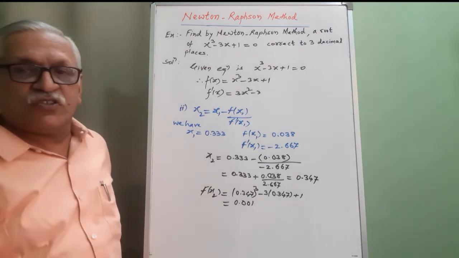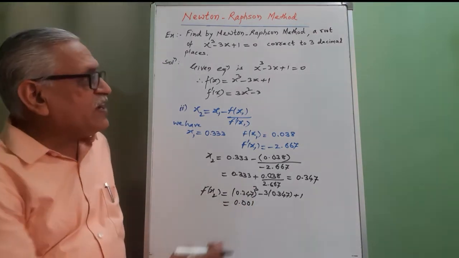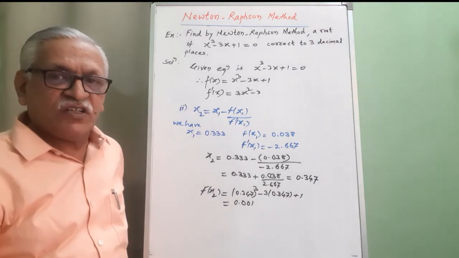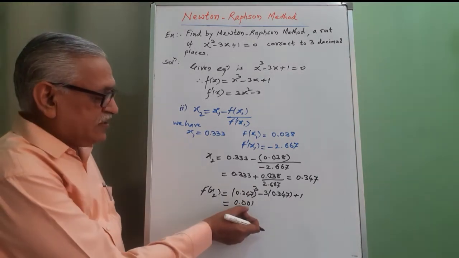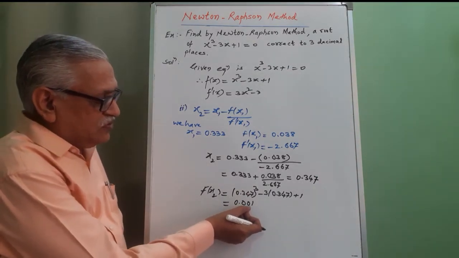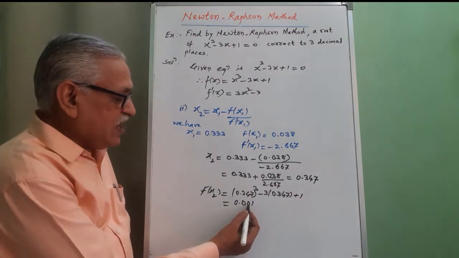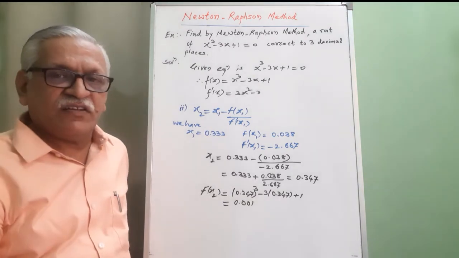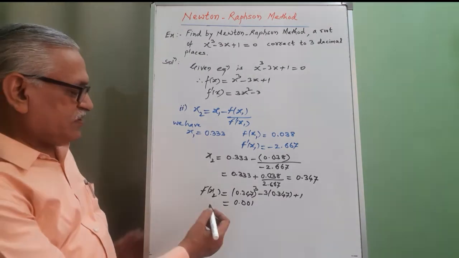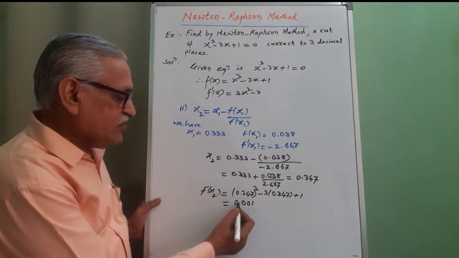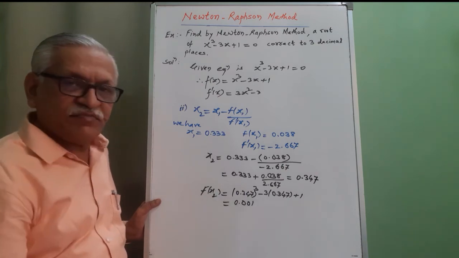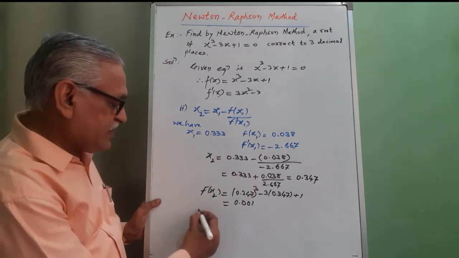It is 0.001. Whenever we are performing the calculation correct to 3 decimal places, if the first 2 decimals are 0, then we can stop the iterative procedure. As the function value is 0.001, we can stop the iterative procedure.